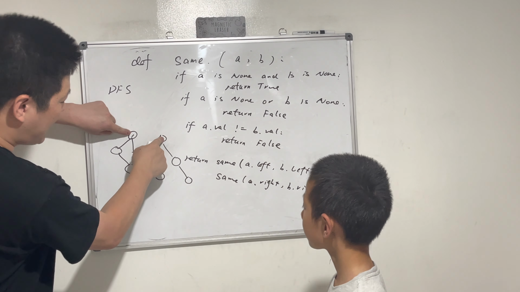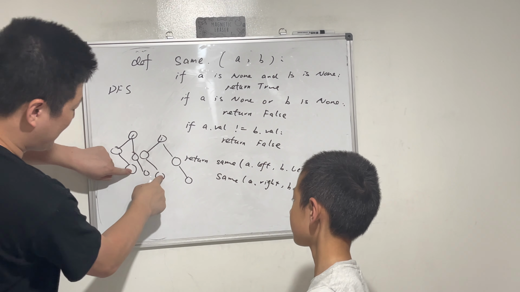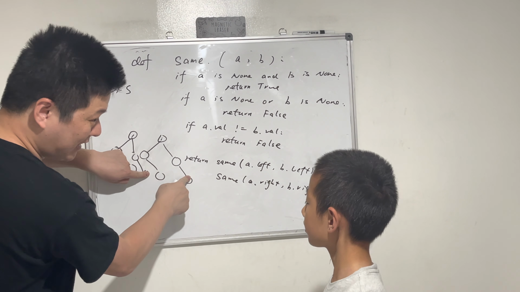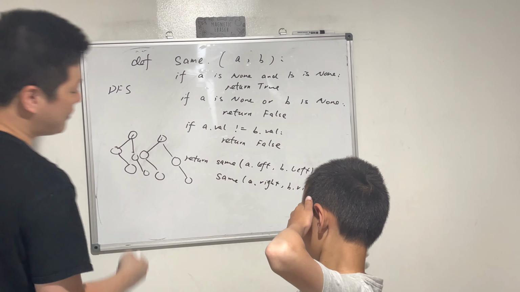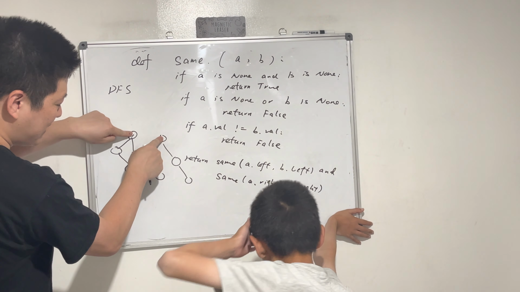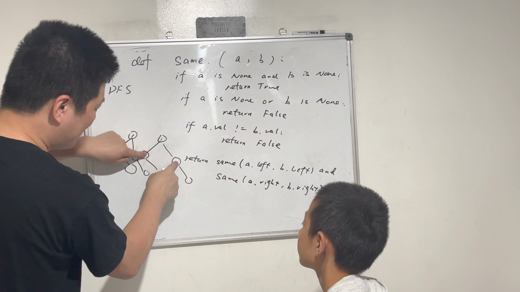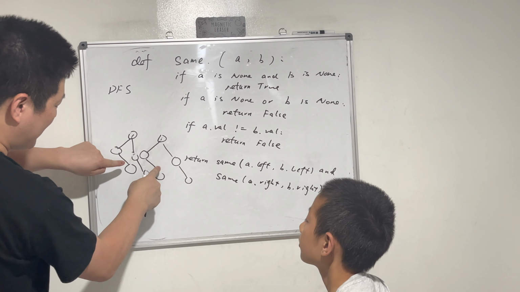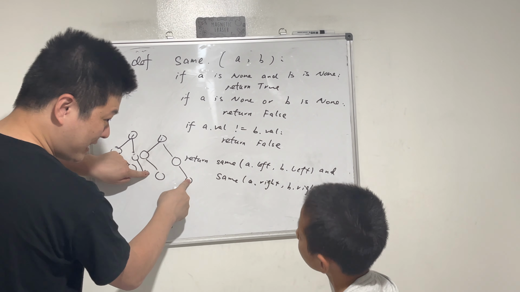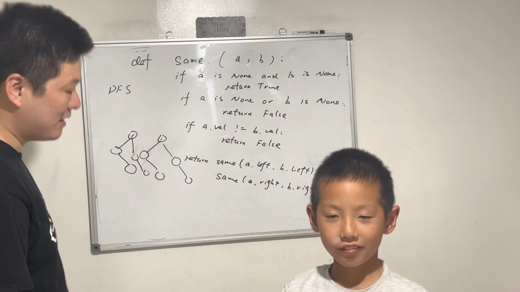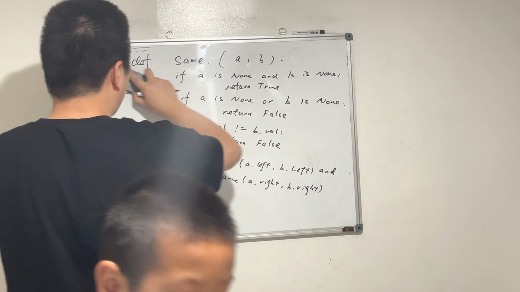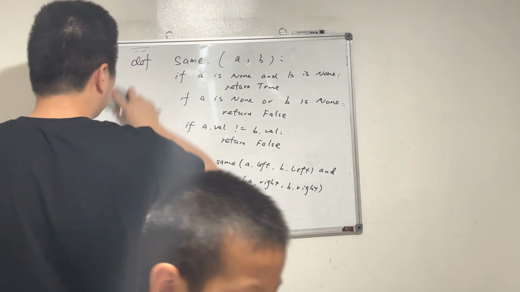So we compare these, yes? This is the order. If we use a breadth first search, we compare these, we compare these. That's the breadth first search. So let's do breadth first search. In breadth first search, what kind of data structure do we need to use?